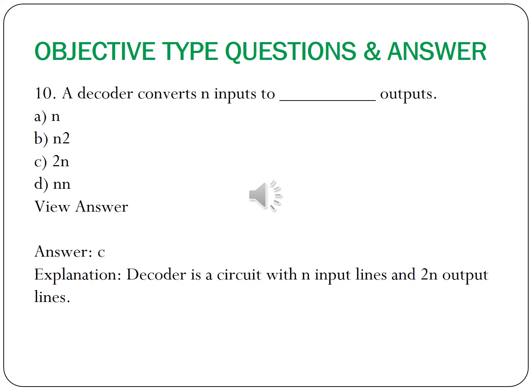Okay, so that's all about the combinational logic circuit. In this class we studied the difference between combination logic circuits and sequential logic circuits, and also where the combination logic circuit is used.